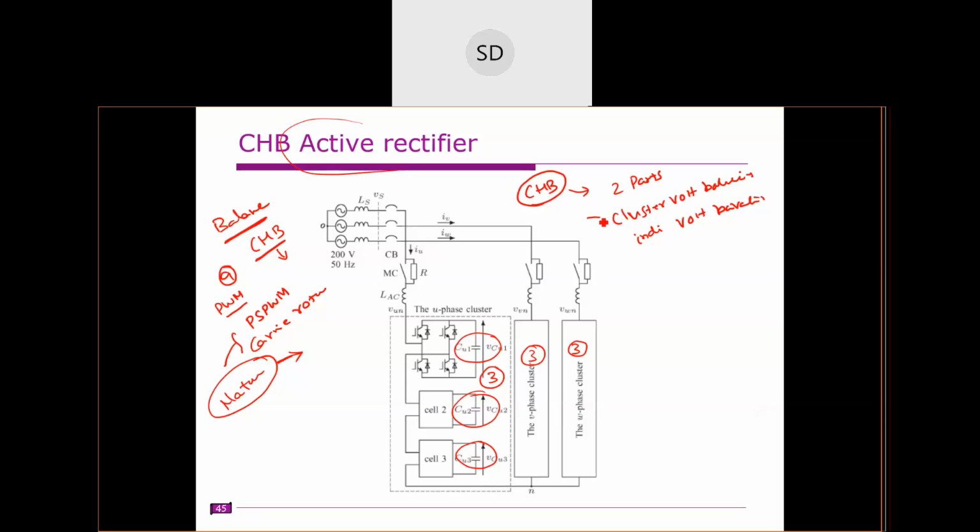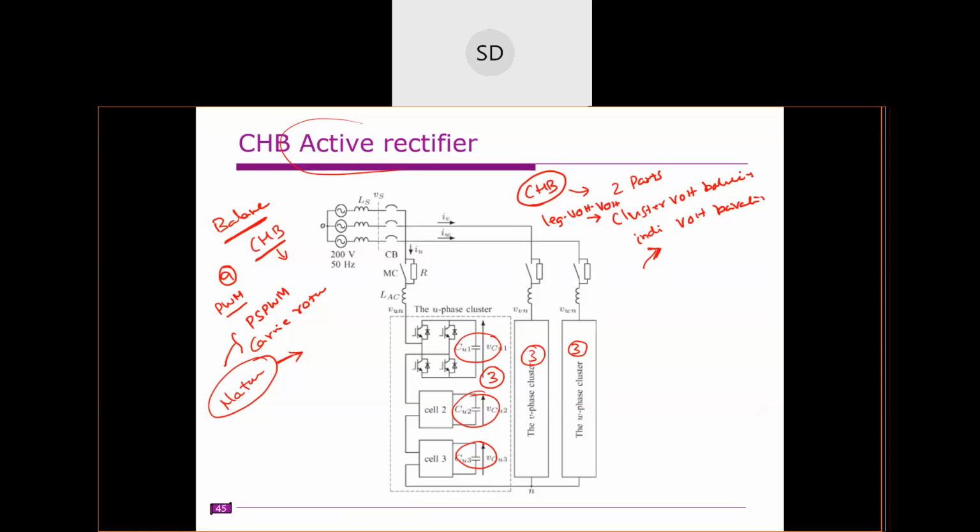In some papers, the cluster voltage is also known as leg voltage balance, and then there is individual capacitor voltage balance. Clear?